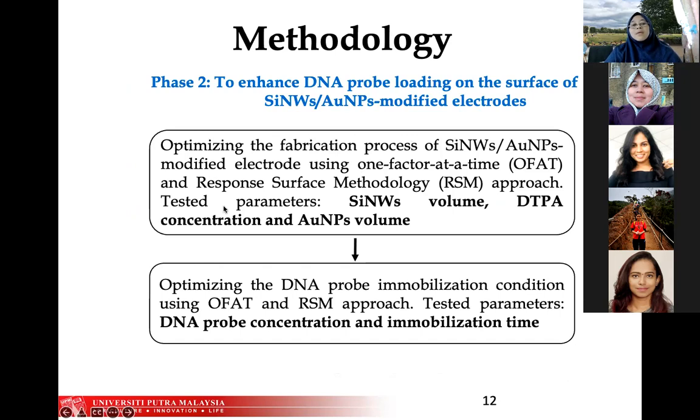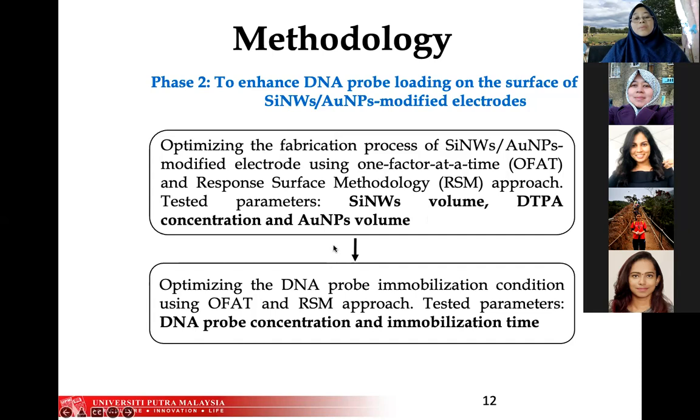You can see that for the second objective, he mentioned optimizing the fabrication process using RSM. He's actually the invited lecturer for the RSM lecture, so I hope that you can really try to watch it, because it is a very useful tool.